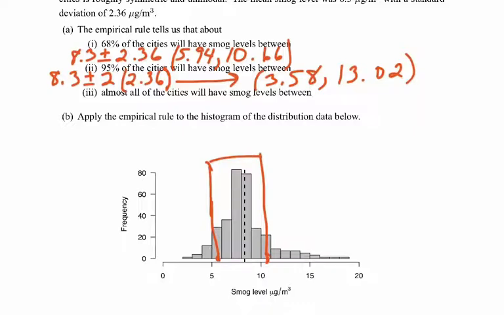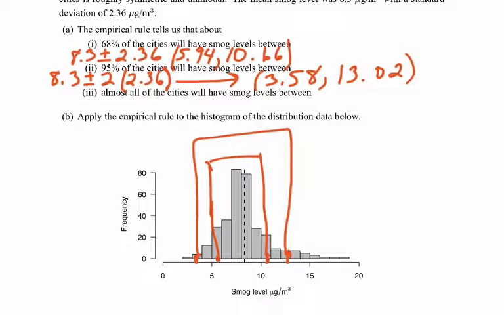So in terms of our sample, that means 95% of the cities in our sample should be between those two levels of smog. Graphically, I'm thinking 3.58, just estimating, is somewhere right in here. 13.02, again just estimating, somewhere right in here. So 95% of the cities in my sample should lie between this number and this number.